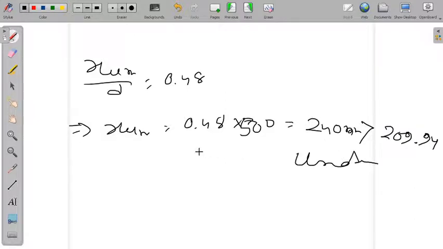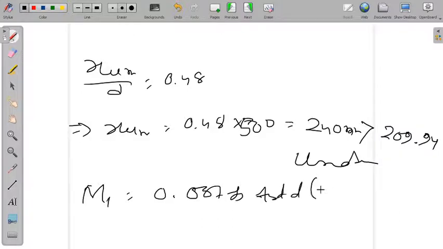So in case of an under reinforced section, we can find out the moment. What will be the Mu? Mu is equal to, I can use this equation, 0.87 fy Ast d into 1 minus fy Ast by b d fck.